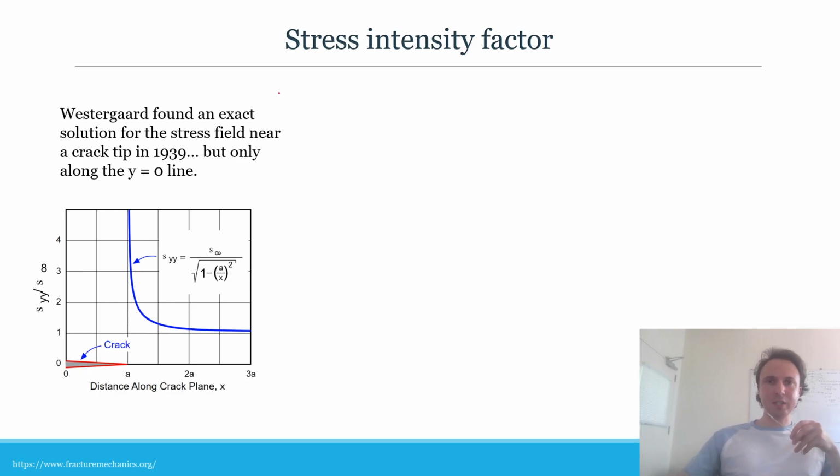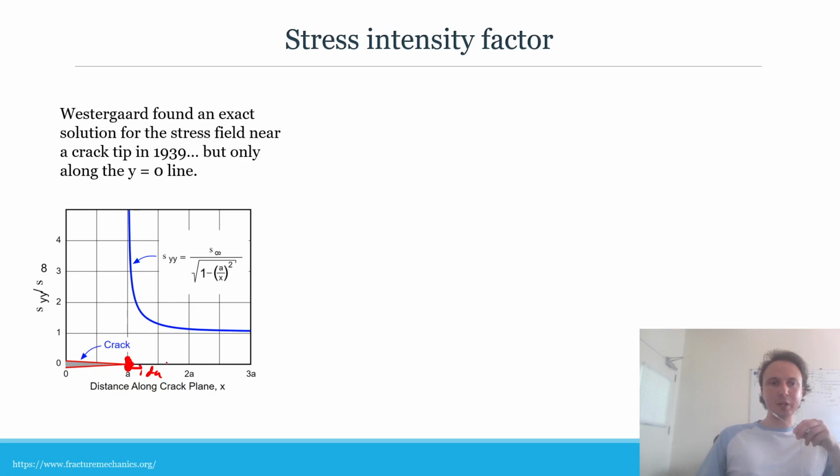Basically, like I said in the last one, you have a crack like this, and the crack is moving by a tiny distance, dA. In this case, what people were trying to do back in the 30s and 40s was find the stress field near the crack tip right here at A. And so this first person, Westergaard, found one that was exact, but it only worked along this line.